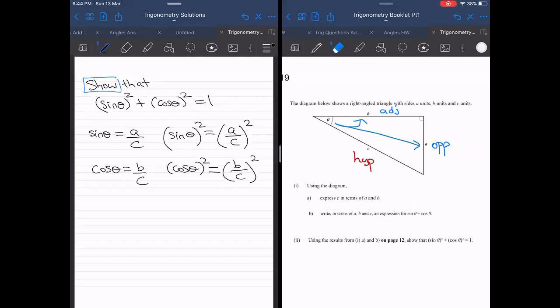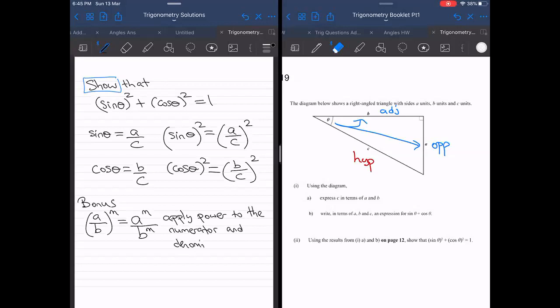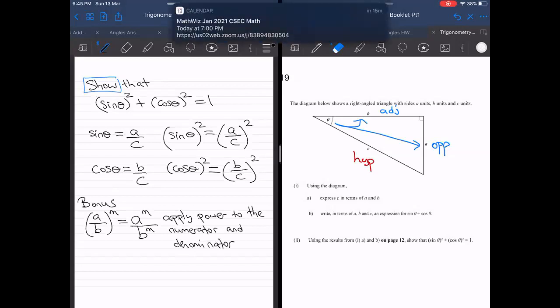Now, a rule of indices you want to remember, as a bonus: if you have a fraction raised to some power, you apply the power to the numerator and the denominator.